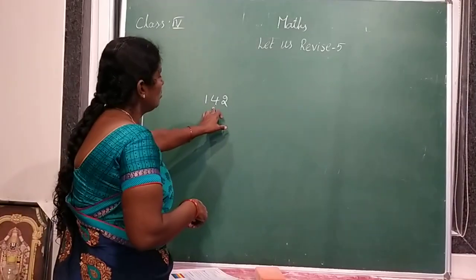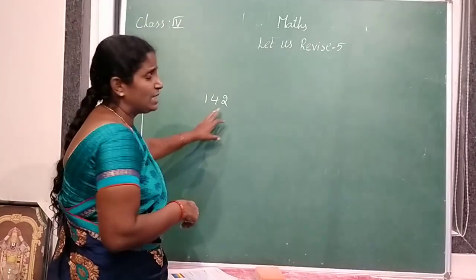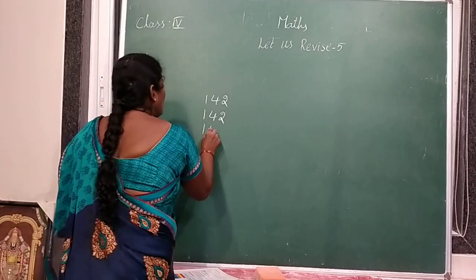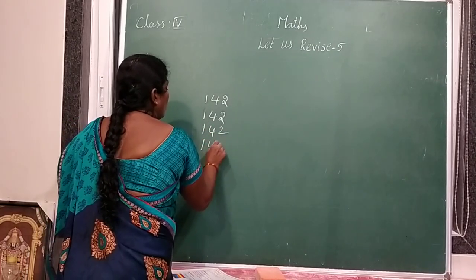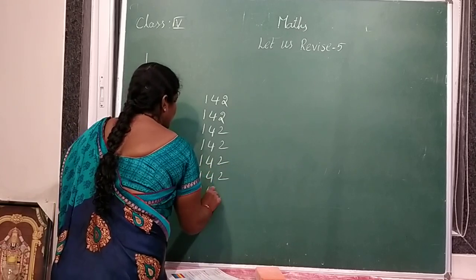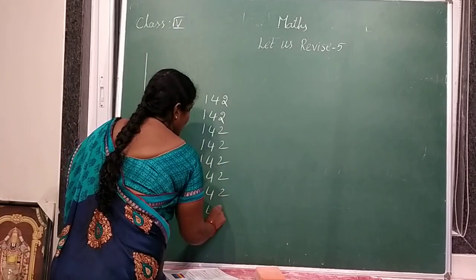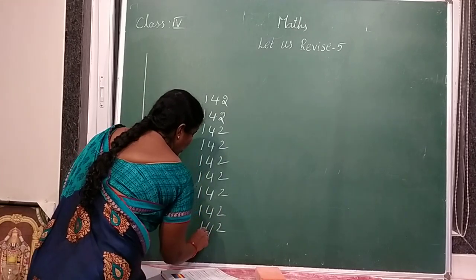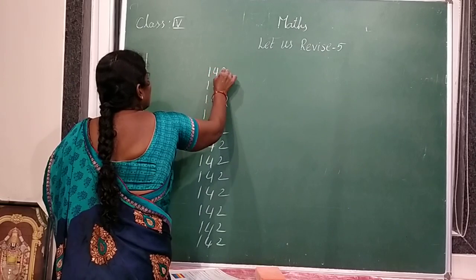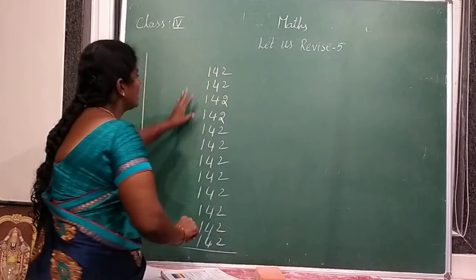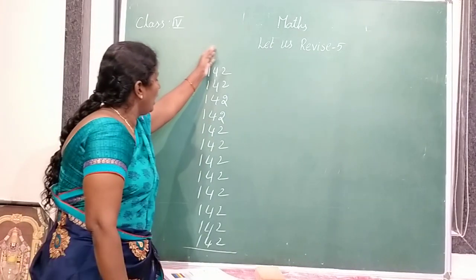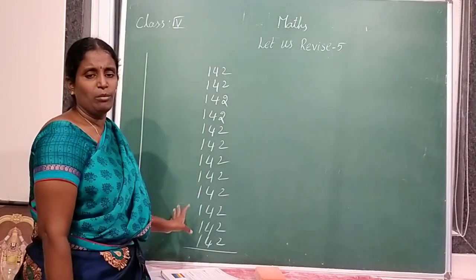That means in one box 142 pencils, in the second box also 142 pencils, in the third box also 142, fourth box 142, fifth box 142, and so on up to the 12th box. So in these 12 boxes, 142 pencils each. If you add these, you will get the total number of pencils.